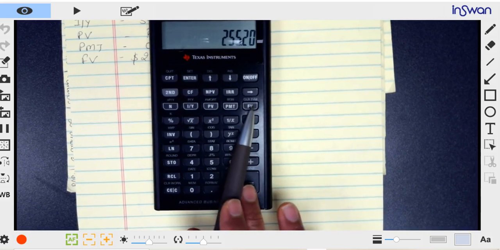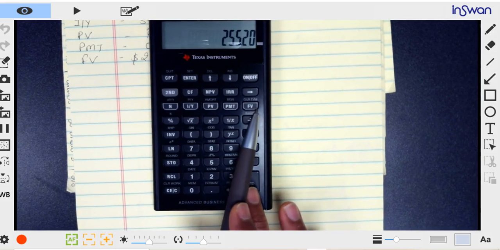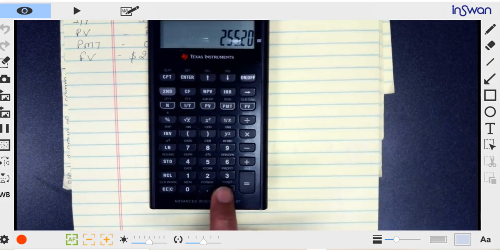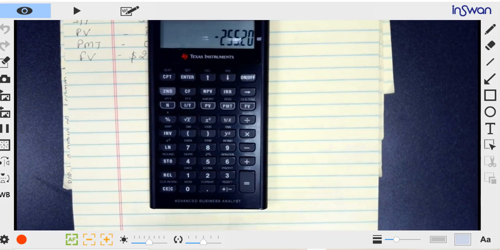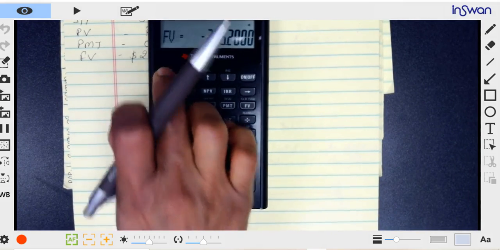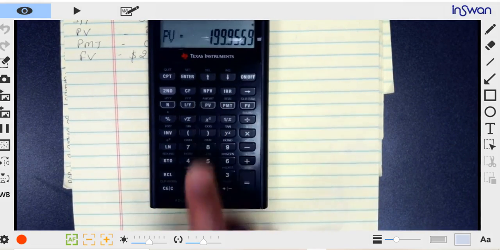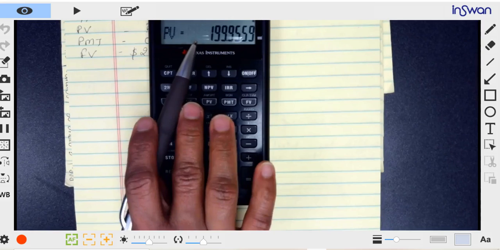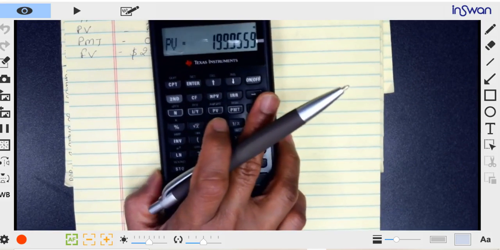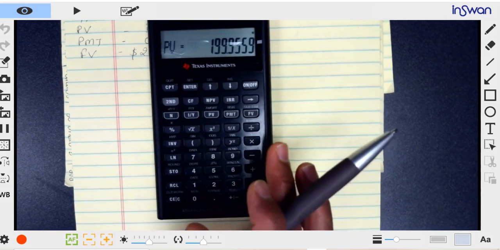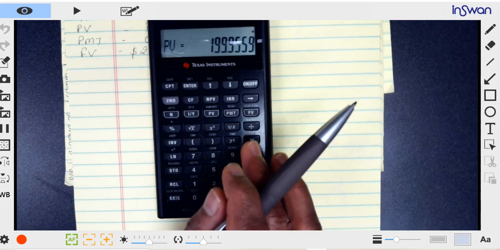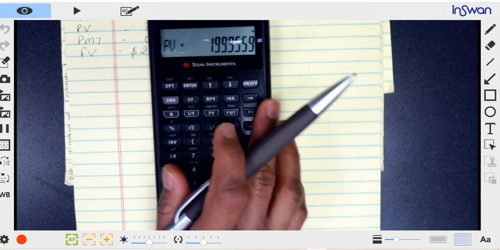If I directly hit the FV button here, it will take that as a positive number. If I want to make it negative, I just change the sign, so future value is negative. Now if you compute the present value, it will give you the result as a positive number. So the calculator is smart enough to understand: if present value is positive, future value would be negative, and if that is negative, it would be positive.